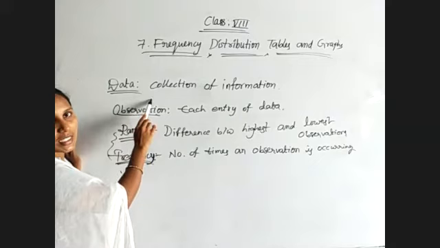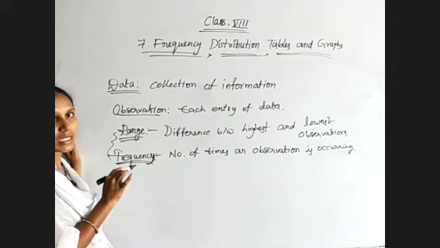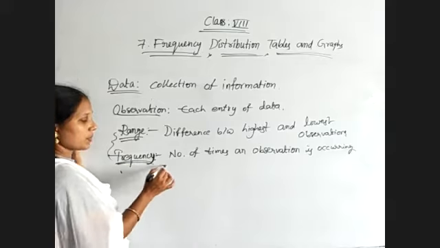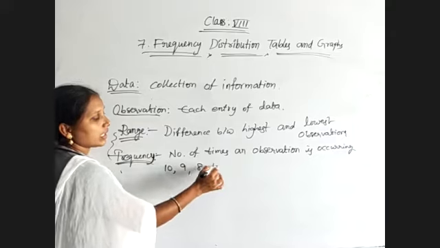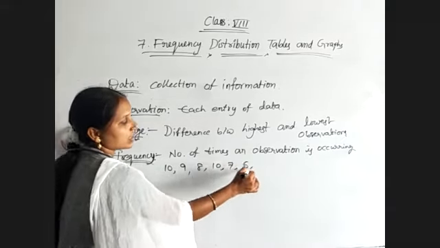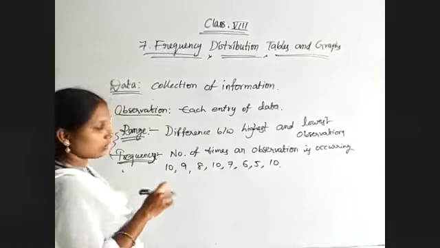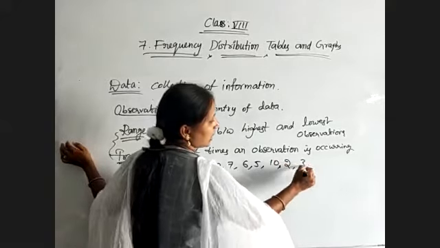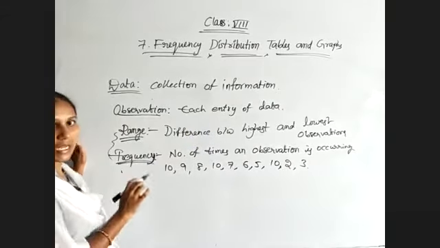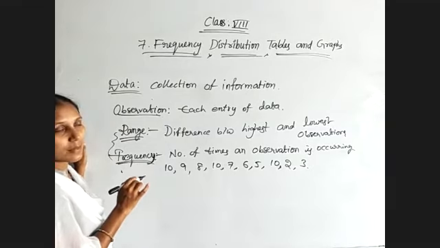A collection of information is called data. Suppose in a class, 10 students' marks are listed like this: 10, 9, 8, 10, 7, 6, 5, 10, like this. The marks of 10 students are given. Now just observe here.